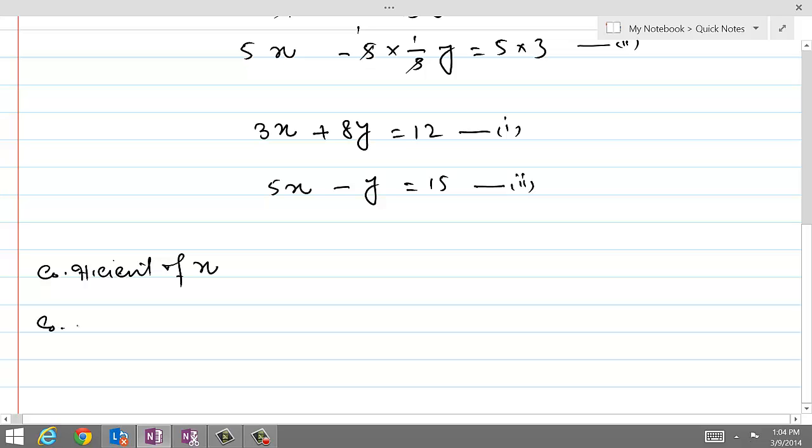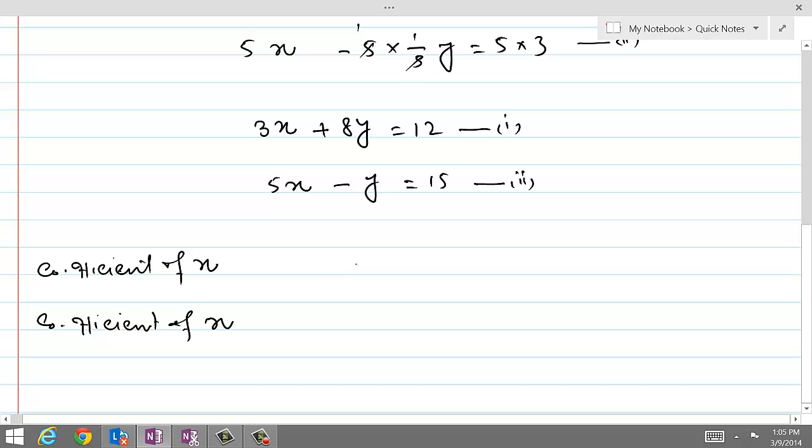So we also write the coefficient of x in the second equation. The first equation is 3x plus 8y is equal to 12. And what is the coefficient of x? That is 3. And what is the coefficient for the second? That is 5. And the equation is 5x minus y is equal to 15.